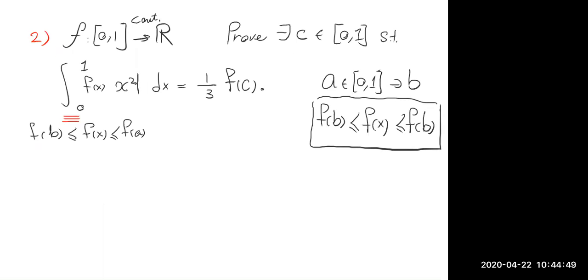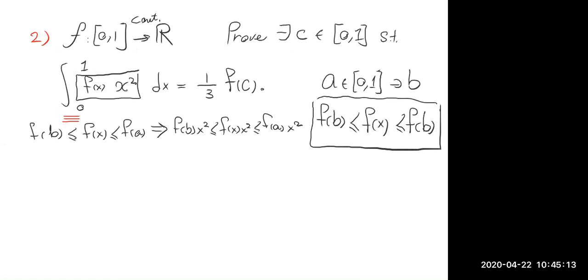But here we have f of x times x squared, so we can multiply everything by x squared. We get f of b x squared is less or equal than f of x x squared, less or equal than f of a x squared, right? x squared is a positive number, so it doesn't change the direction of the inequality.